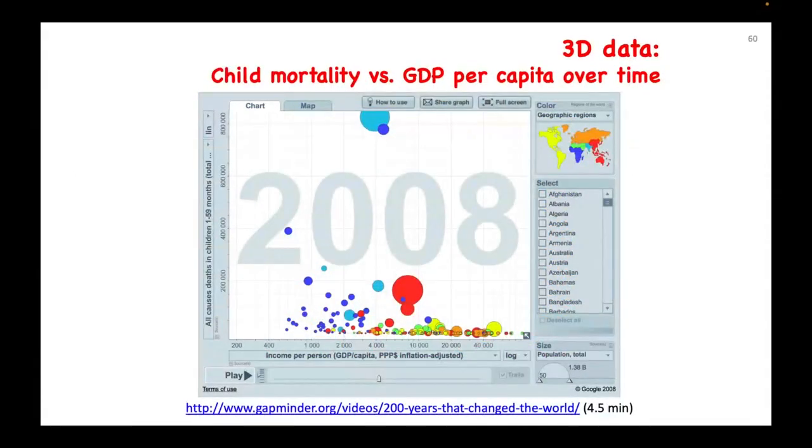We've seen bubble charts from Hans Rosling. So if you want another 4.5 minutes of Hans Rosling Gapminder, there's a nice link. Okay, and again, this is looking at bubble charts and bearing in mind what we said last week about perception.